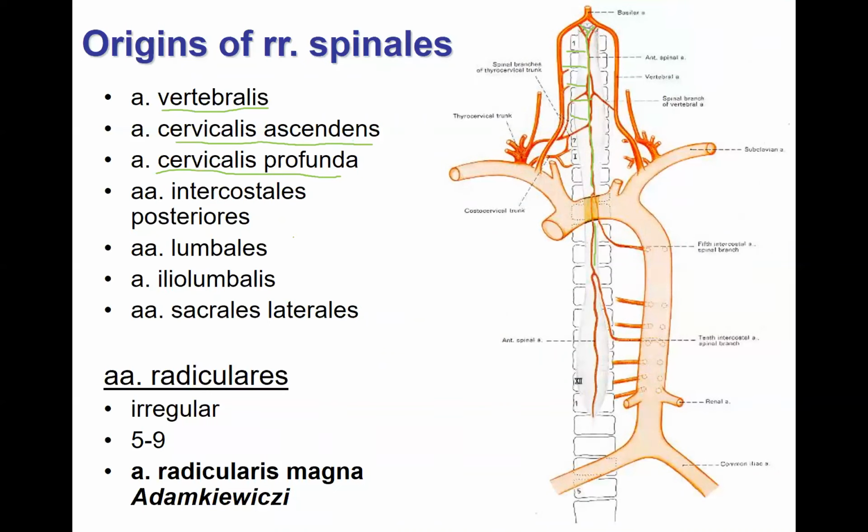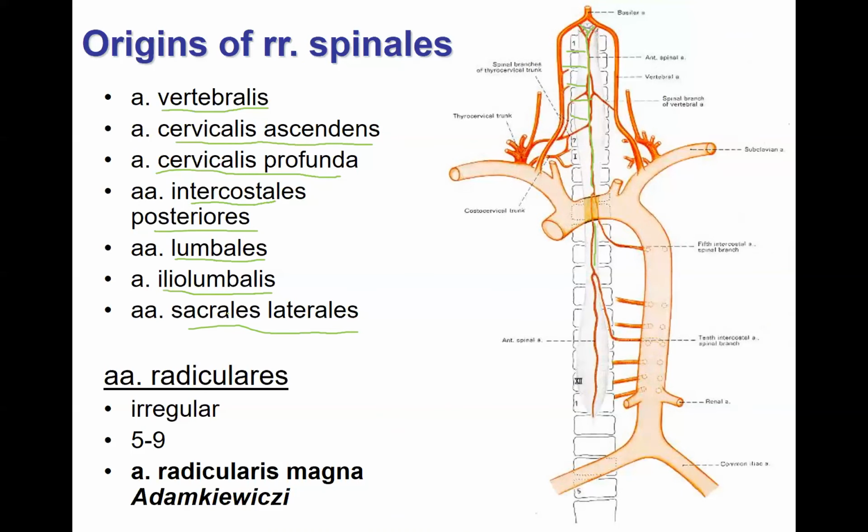At the level of thoracic and lumbar vertebrae, it's easy: the posterior intercostal arteries, which are branches of the aorta, branches of the supreme intercostal artery, and lumbar branches. In the area of the sacral bone, lateral sacral arteries. And in the lumbosacral transition, the iliolumbar artery and its lumbar branch.